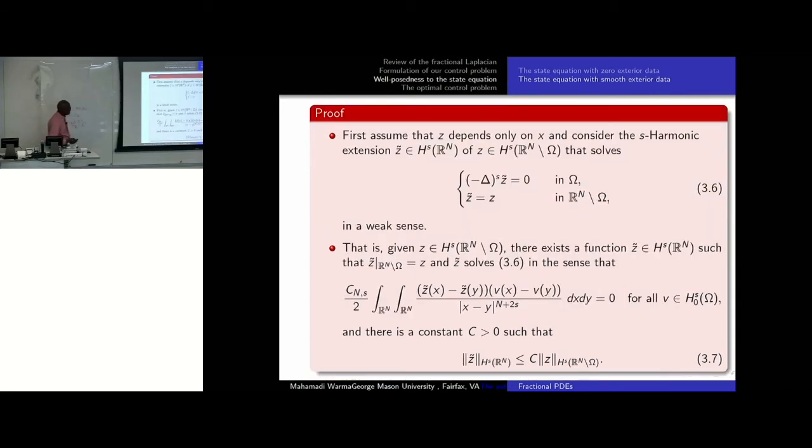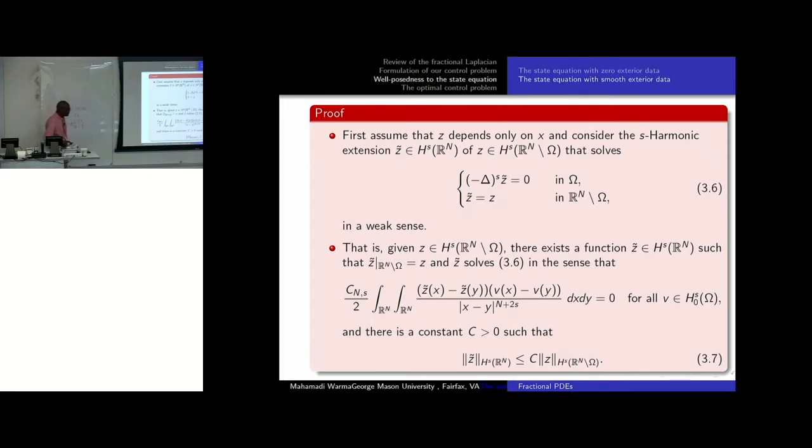Then to do that, let me give you an idea. First, let's assume that Z does not depend on t. If Z does not depend on t, that is the elliptic problem that we solved yesterday by using the lifting argument.